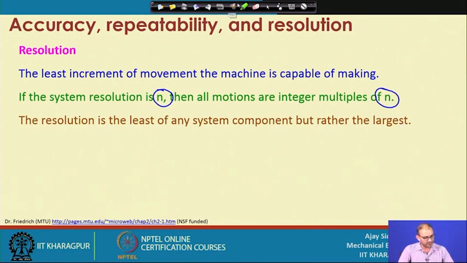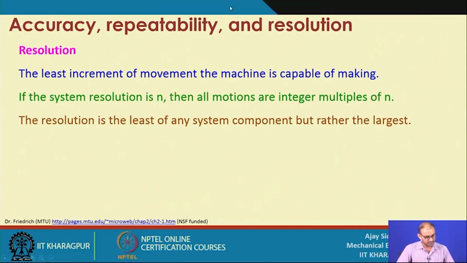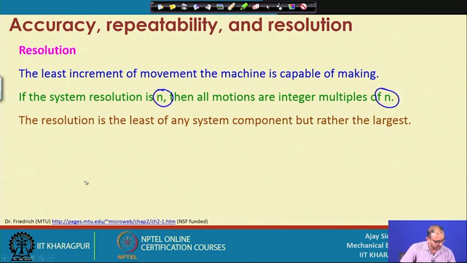Now, what is the question here? We know that we have many different types of encoders and different types of slides available. Our machine has movement in the x direction, then in the y direction, and in the z direction, correct.